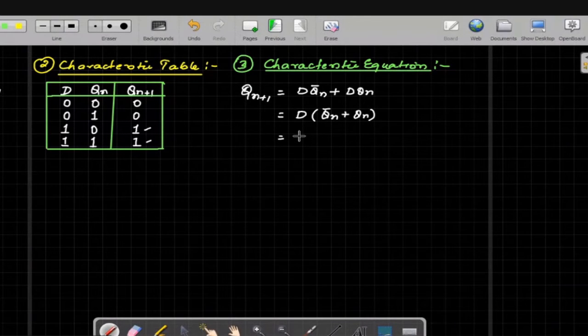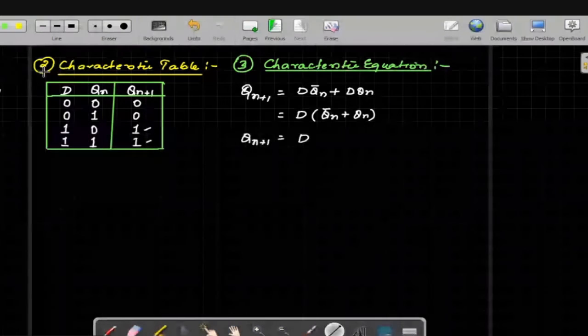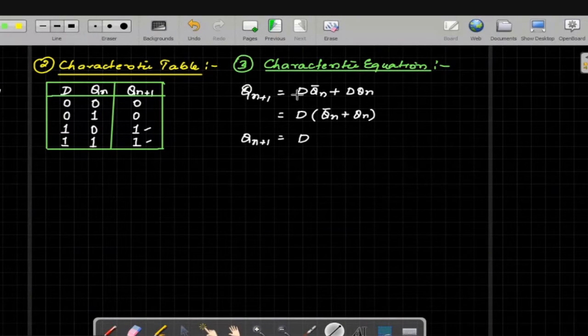1. Absolutely correct. So what we can summarize here is that Qn plus 1, which is the present state of your D flip-flop, is equal to D. That's why we say the D flip-flop exactly follows the inputs.